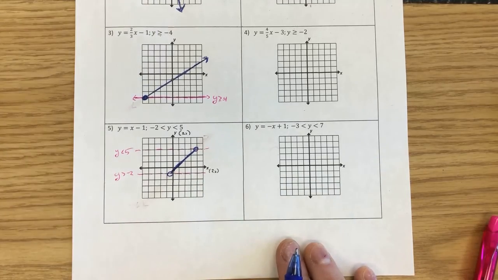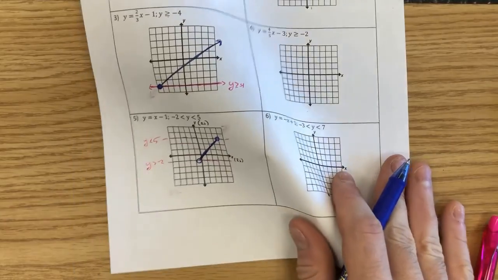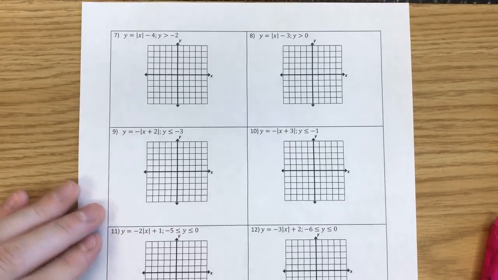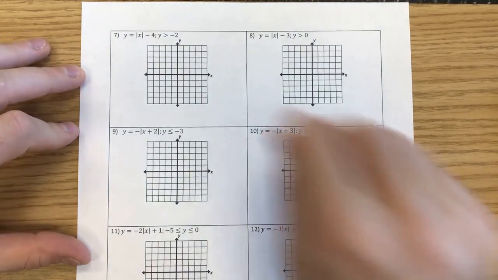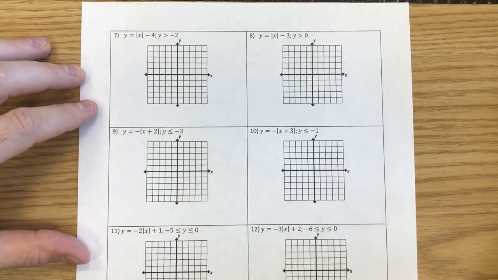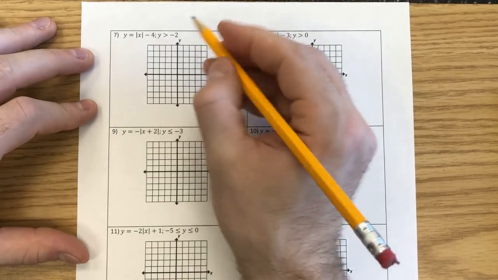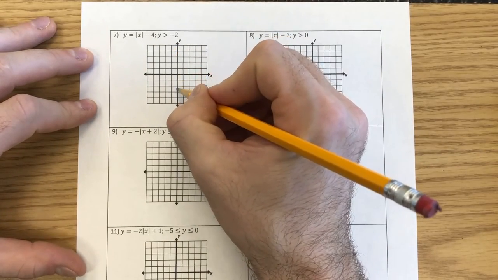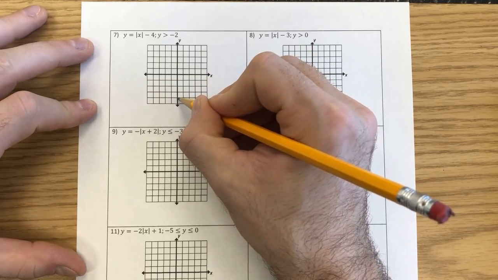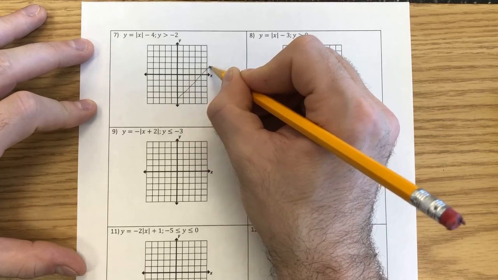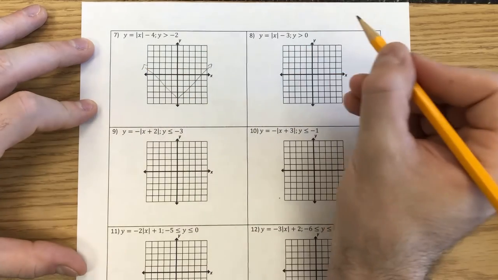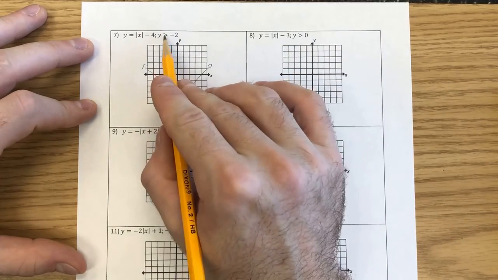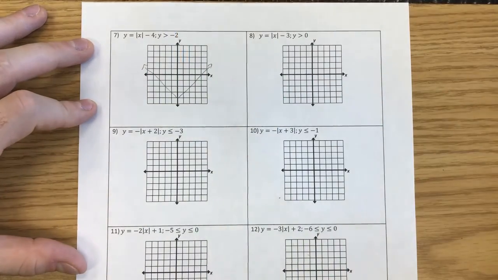That's it. So the question that you might ask yourself is, does that logic work with other graphs? What about an absolute value? And the answer is, yeah, it does. So with an absolute value, I know this absolute value has been shifted down 4, so 1, 2, 3, 4, and I have a perfect diagonal going up over here, and a perfect diagonal going up over there, but I'm only going to deal with y values greater than -2.